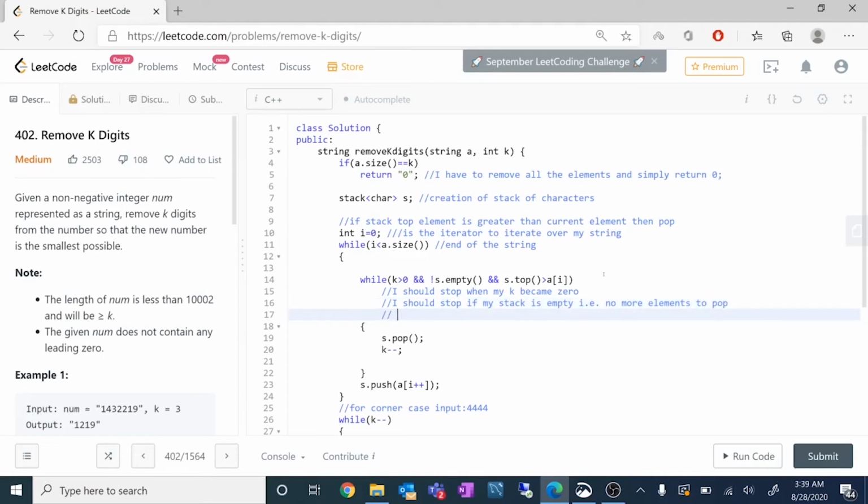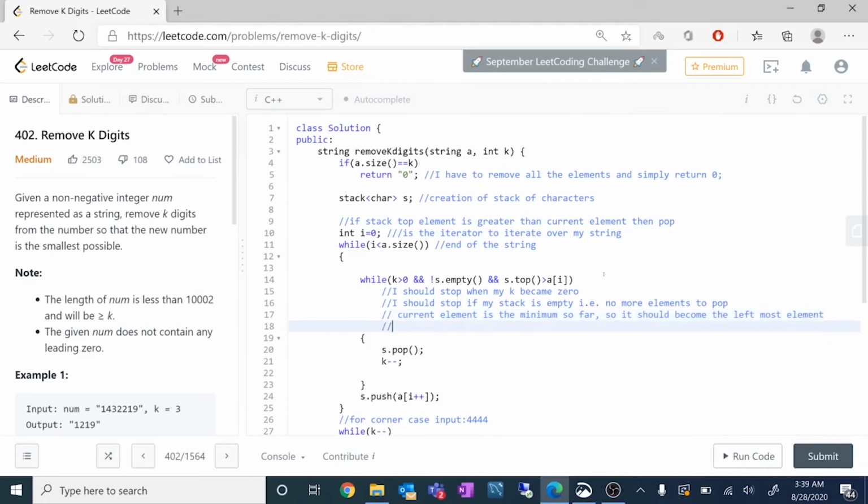What does this mean? That the current element is the minimum so far, so it should become the leftmost element. All right.